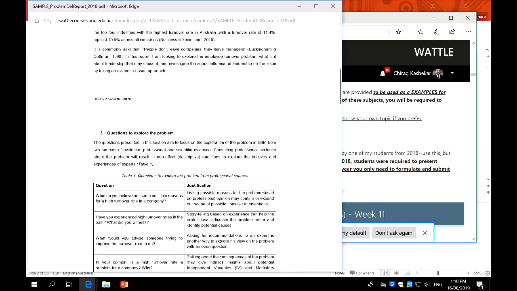So once you have that, questions. The way it was framed last year was questions to explore the problem, but essentially what you're trying to do is questions to test your assumptions about causes of the problem, right? So questions about the causes of the problem. What are the causes?